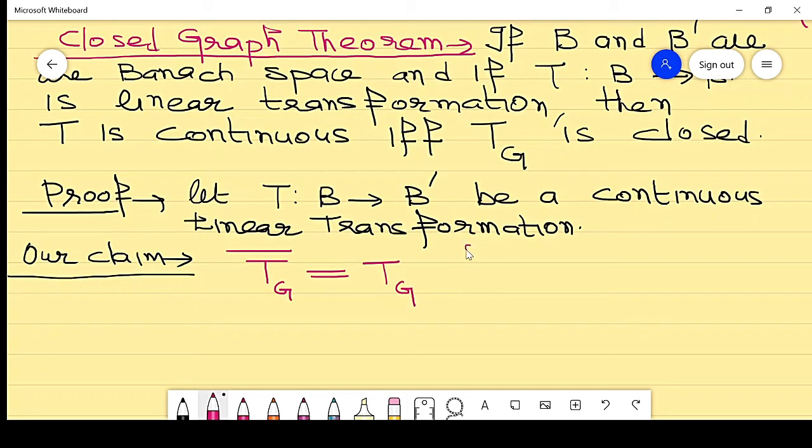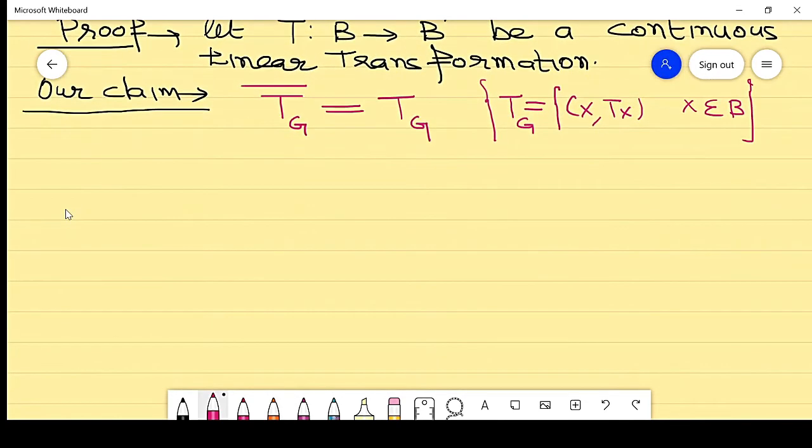So what is TG? It is a set in tuple form, (x, Tx), where x belongs to B. So that is my aim: TG closure is equal to TG. The right hand side is a subset of the left hand side, we know that.